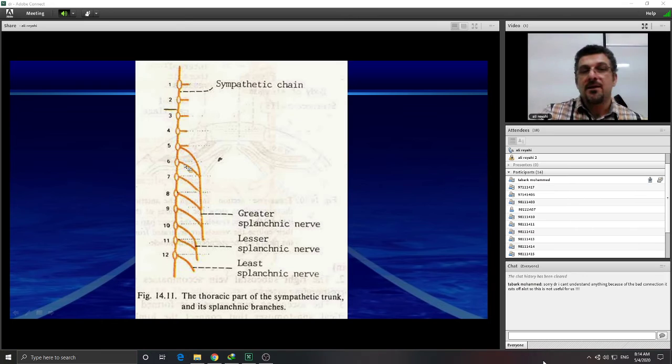The sympathetic chain or trunk is located anterior to the body of each vertebra, but sometimes it goes laterally or medially in the lower part.